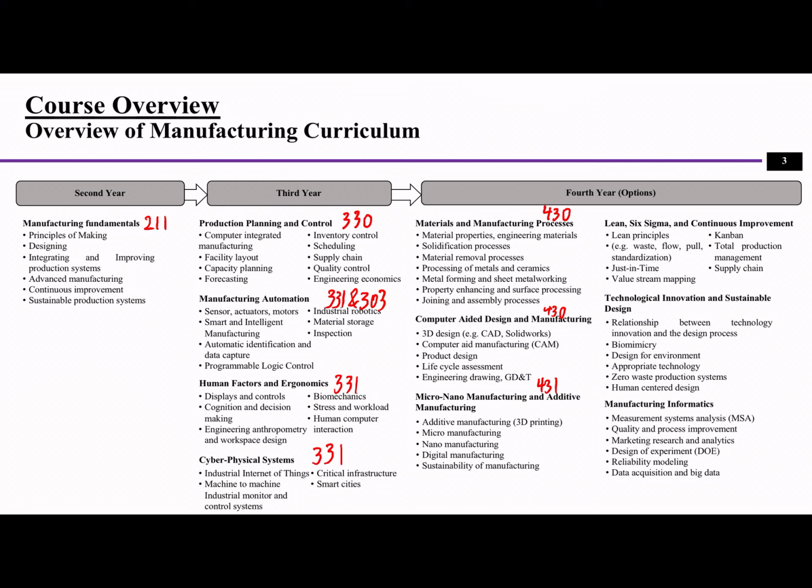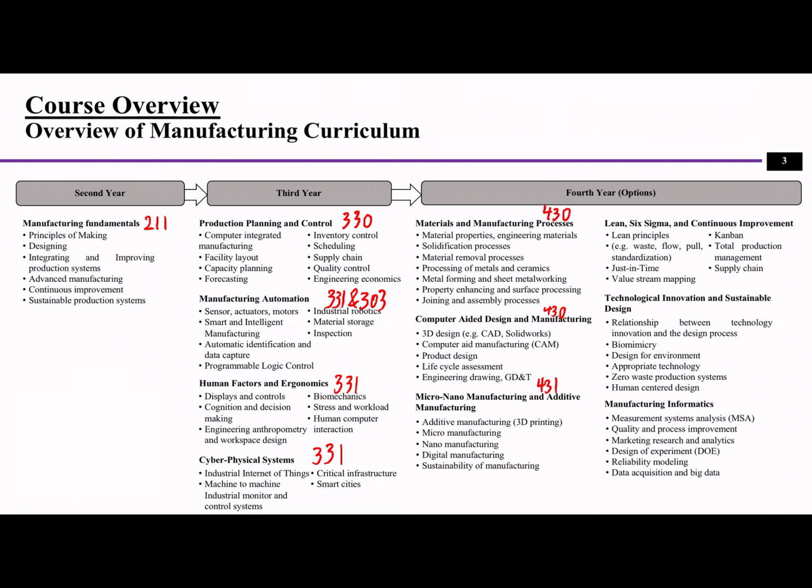And there's another course called 431. In 430, mainly what I talk about is traditional manufacturing processes, for example, solidification like casting and injection molding, or cutting or machining. While in 431, we're focusing on more advanced or novel manufacturing processes, for example, additive manufacturing, 3D printing, right?